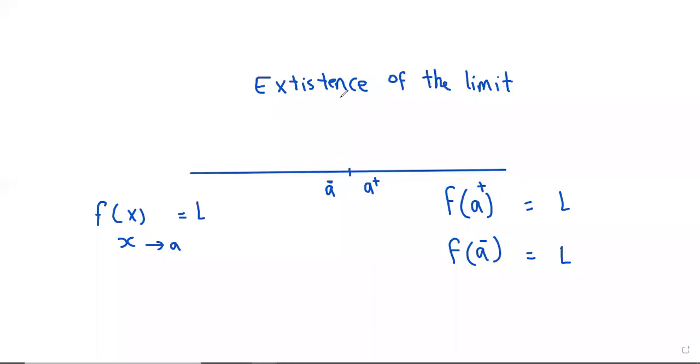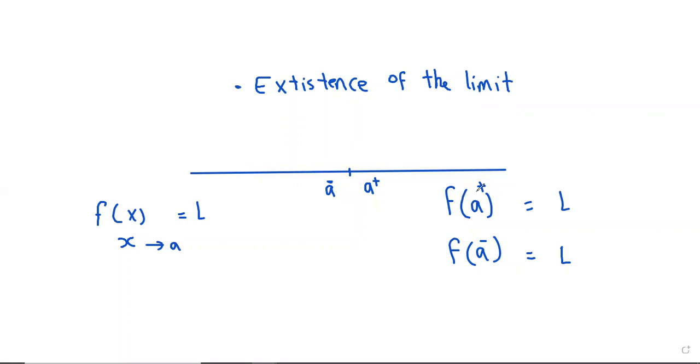In this lesson, we are going to discuss the existence of the limit. If the limit of the function f of x, we are going to say that this function approaches L when x tends to a.